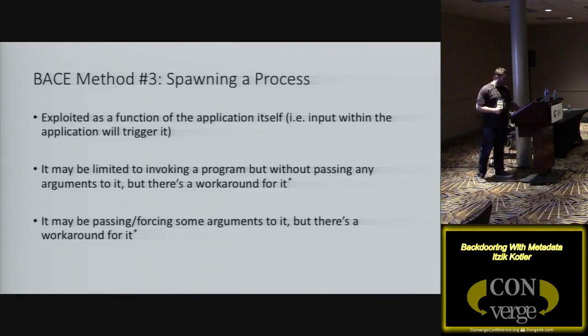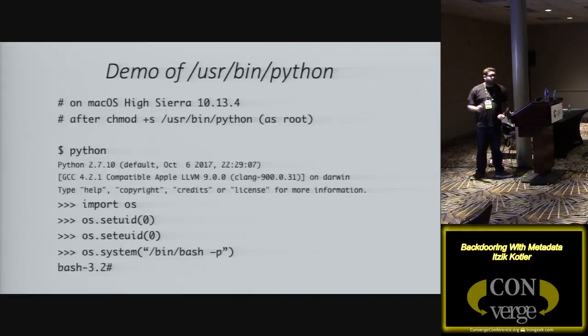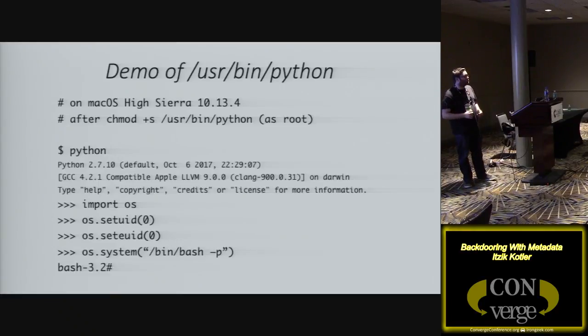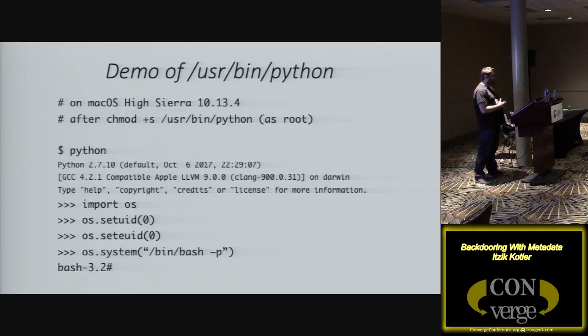But the idea here is that, for instance, if we take Python, and there is nothing special about Python, we have found this in other programs as well, if you add the setuid, the sticky bit, to Python, then you can simply write a simple program within the Python interactive console that would end up creating a root shell.